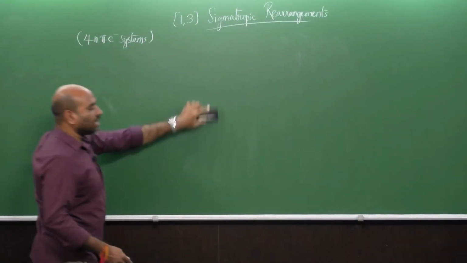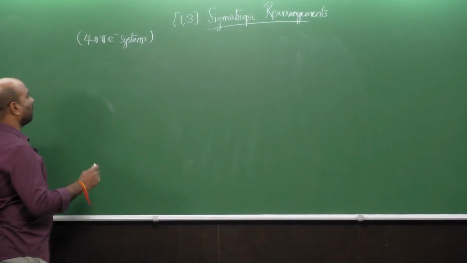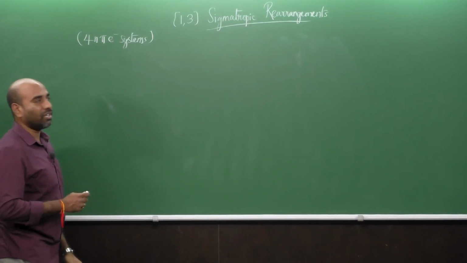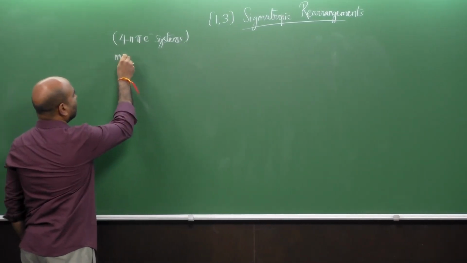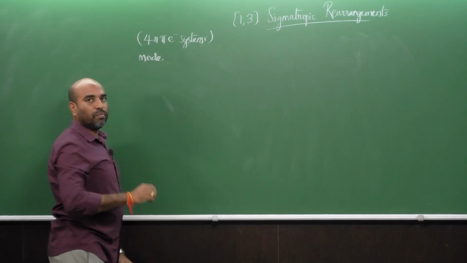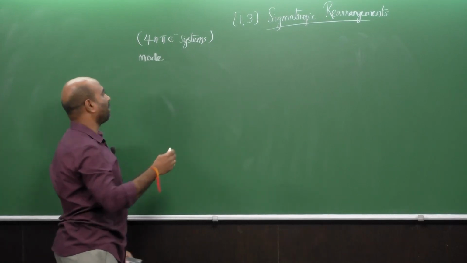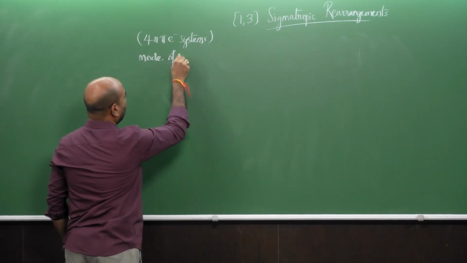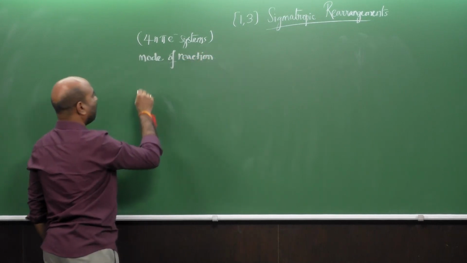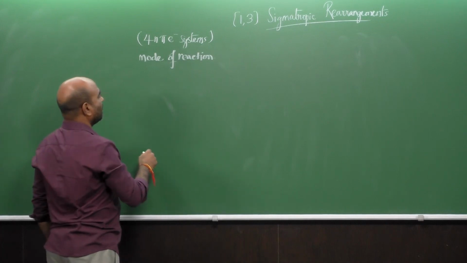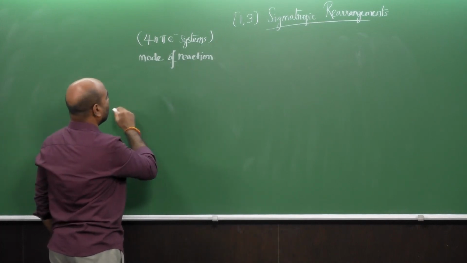So while looking at the Woodward-Hoffmann rules, the first thing you need to see about these 1,3 sigmatropic rearrangements is the mode of reaction with respect to both the pi center as well as the sigma center, the carbon center.